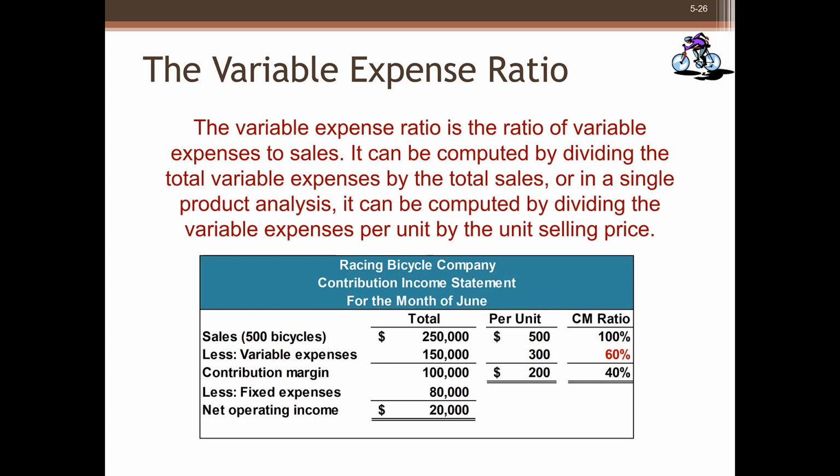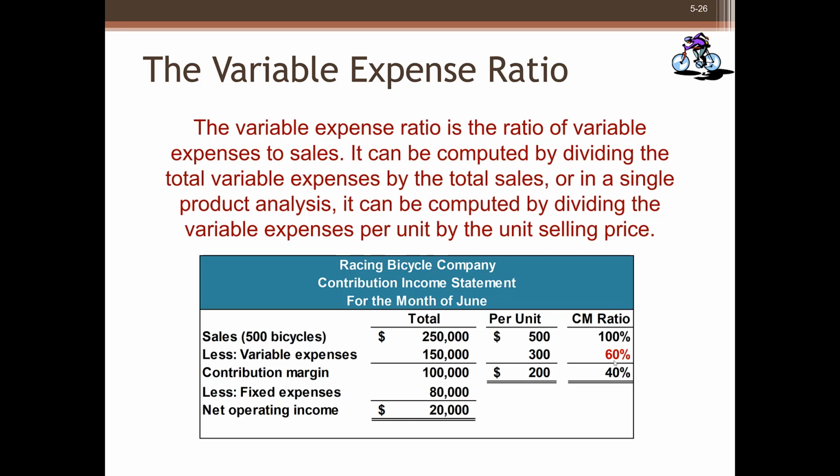In addition to the CM ratio, we can also calculate the variable expense ratio, which is the ratio of variable expenses to sales. We can calculate it by dividing total variable expenses by total sales. In the example here, 150,000 divided by 250,000 gives 60%.